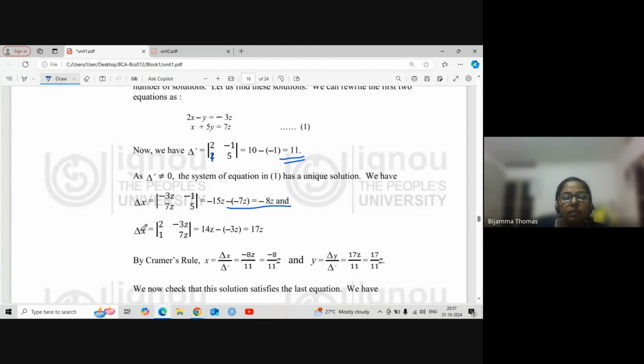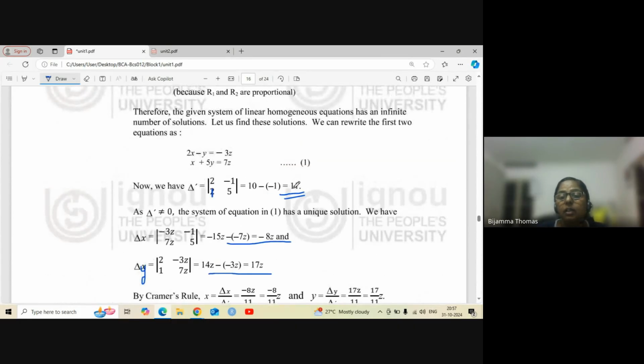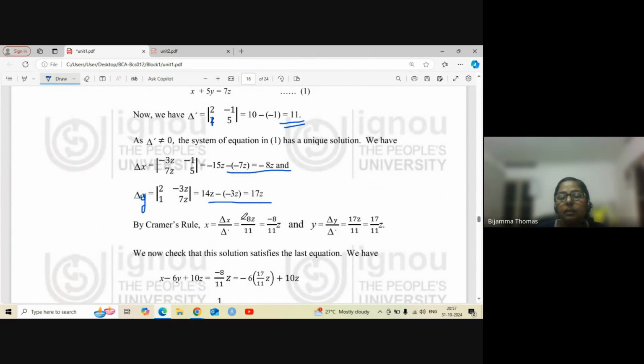Similarly for delta y, the first column will be unaltered and the second column will be the right hand side constants minus 3z, 7z. So it will be in terms of z. By Cramer's rule, x equals delta x by delta. The delta value is 11, so x will be minus 8z by 11, in terms of z. Similarly y is also in terms of z.